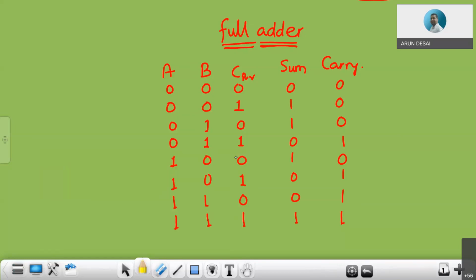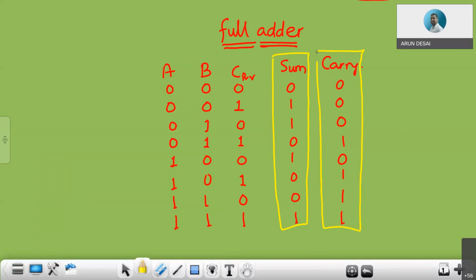So this is how addition, or rather sum and carry, is generated for a full adder. Now you need to identify the expression, right? Since this is a big task, you can use a K-map as well, right? K-map for three variables. Sum is true at this time, or carry is true at this time, right?